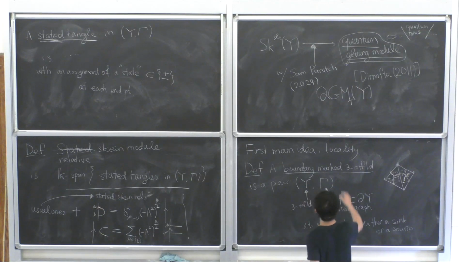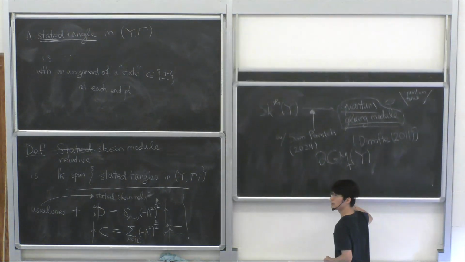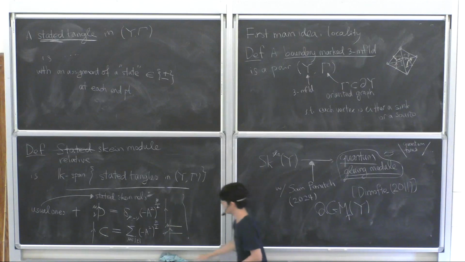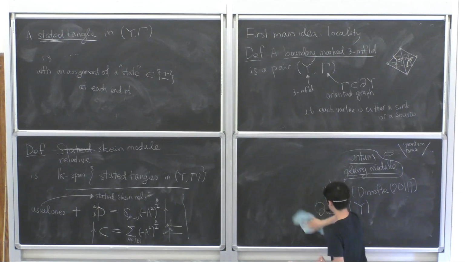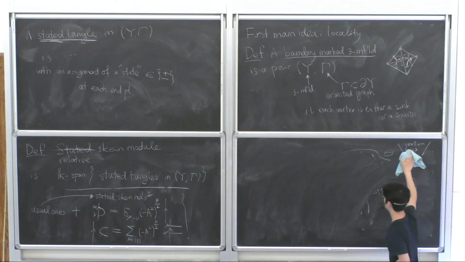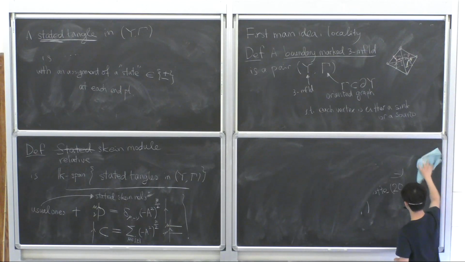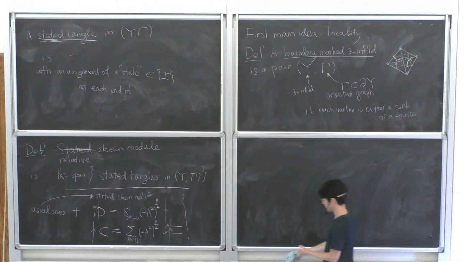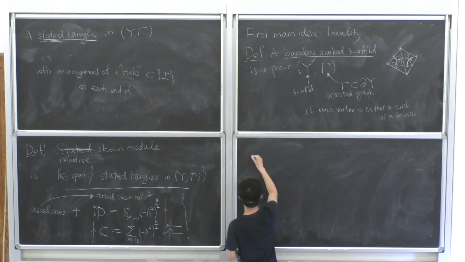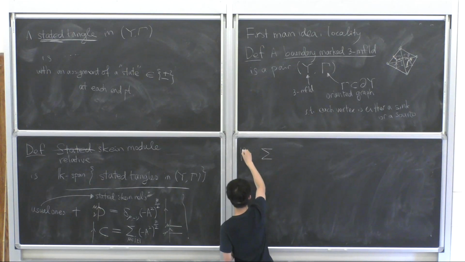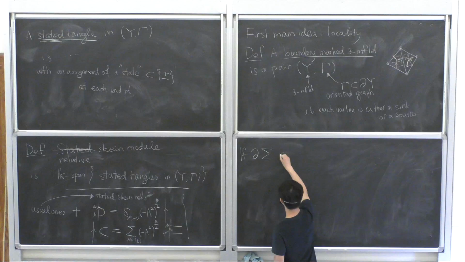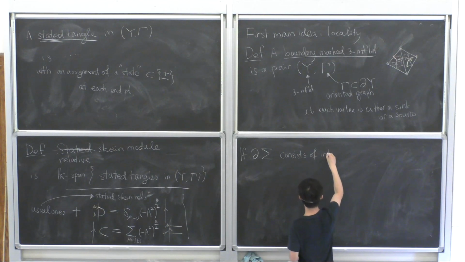For surfaces, just like the usual Skein module, the stated Skein module acquires an extra structure of being a unital associative algebra, if the boundary of a surface consists of intervals.